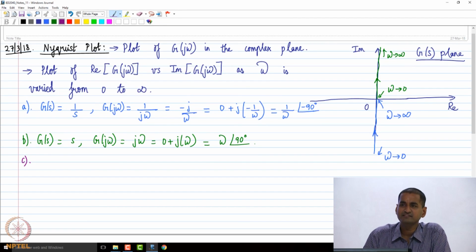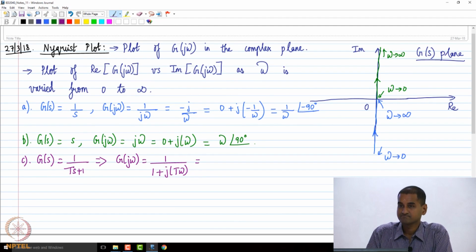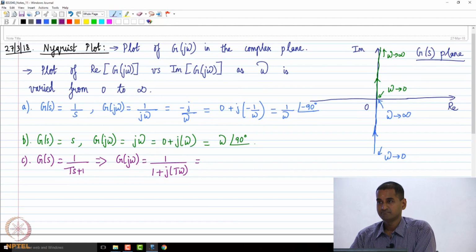What is the next factor that we considered? G of s is 1 divided by Ts plus 1, right. If I want to figure out the sinusoidal transfer function, this can be written as 1 divided by 1 plus j times T omega, right, correct.